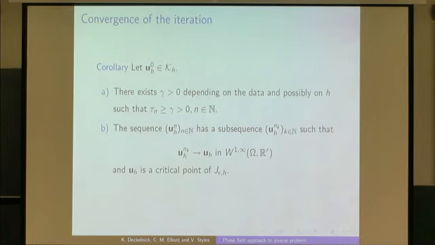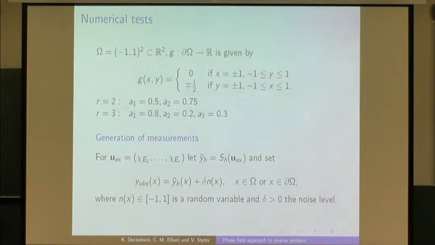And now, in the end, I would like to show you some tests. We've done tests on a square domain omega, and we've just used one measurement. The function g is defined in this way here, and we have done tests with 2 different diffusion coefficients, a1 and a2, and with 3 different diffusion coefficients, a1, a2, a3.